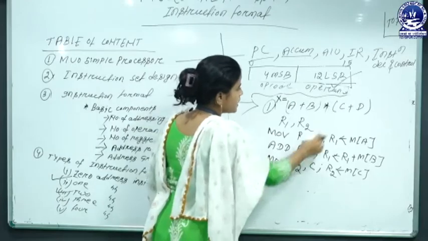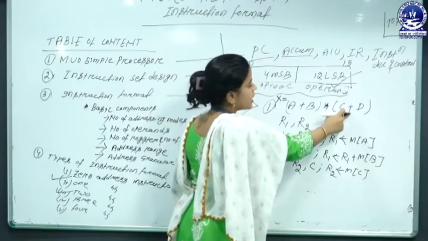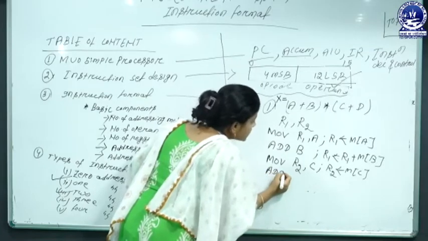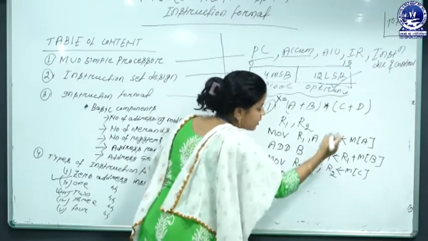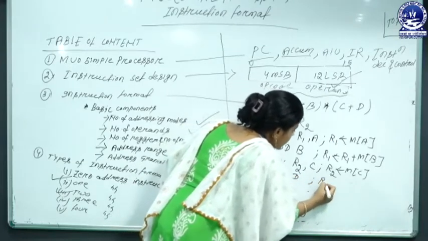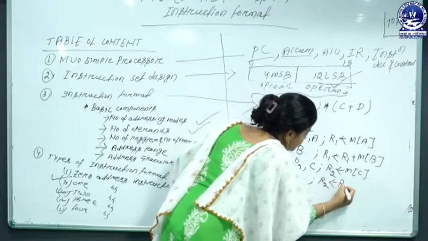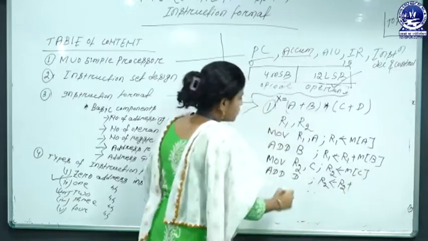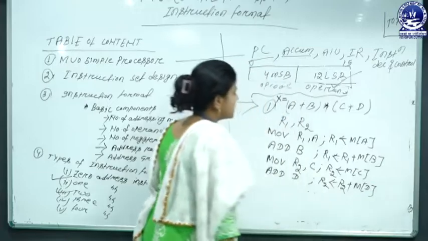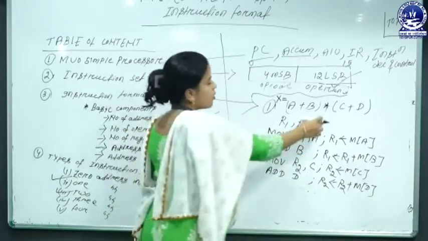Now goes to the next concept. Here the plus symbol arrives, that means the opcode arrives. So here the opcode is add with the second operand value, that's D. That means here R2 equal to previous R2 value plus the memory location of the D operand. That means here the second addition is performed.